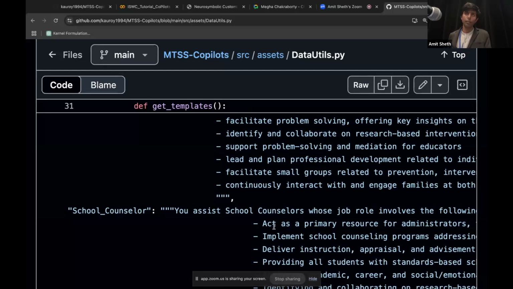Only then, when a school counselor is using this type of system, they'll have a knowledge base that is relevant to them. If a school counselor has a knowledge base that the admin understands, it's not useful to them, right? When they're trying to provide decision support. Okay, so let's see this in action.